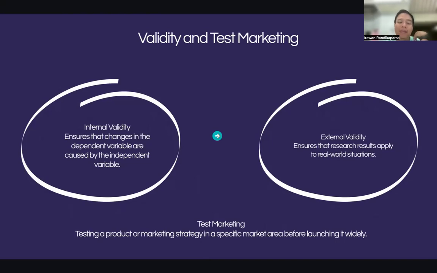External validity refers to whether the research result can be applied to real world situations. Another concept is test marketing, where a company tests a product or marketing strategy in a limited market area before launching it widely. This helps reduce risk and allows companies to observe consumer reaction before making large investments.